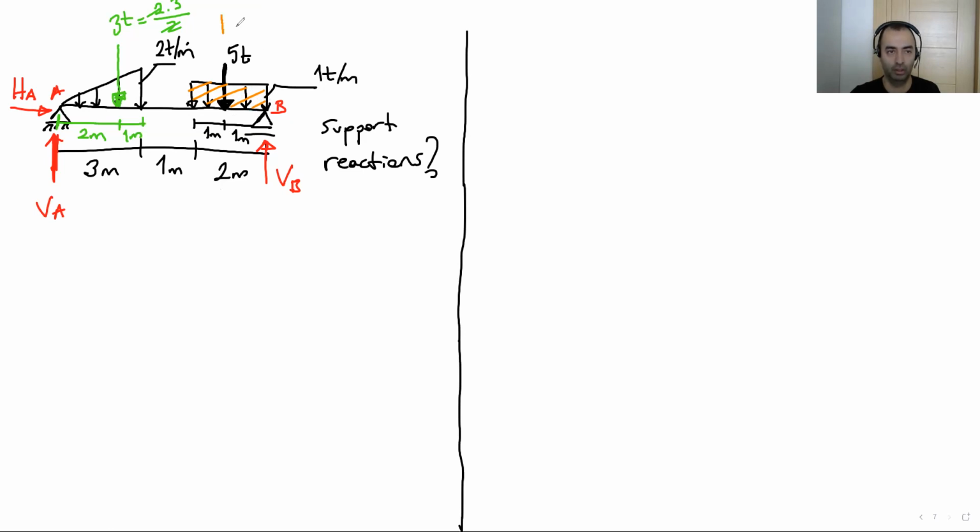Let's put the 2 ton here. In the question, at the same point, there is one more concentrated load, which is 5. Totally, we can say 7. Did you get the point here? We have 7 here, totally. Okay, now we've just converted all the distributed loads to concentrated loads.